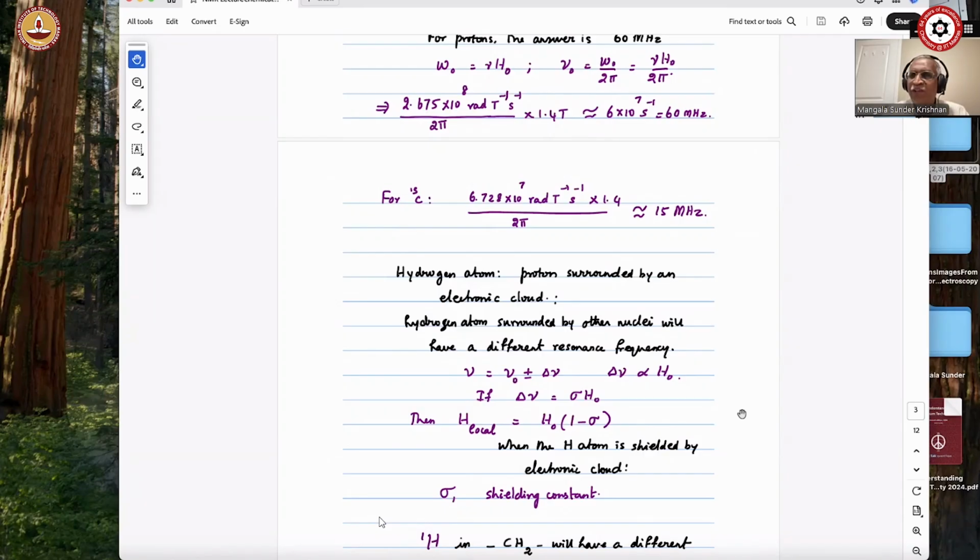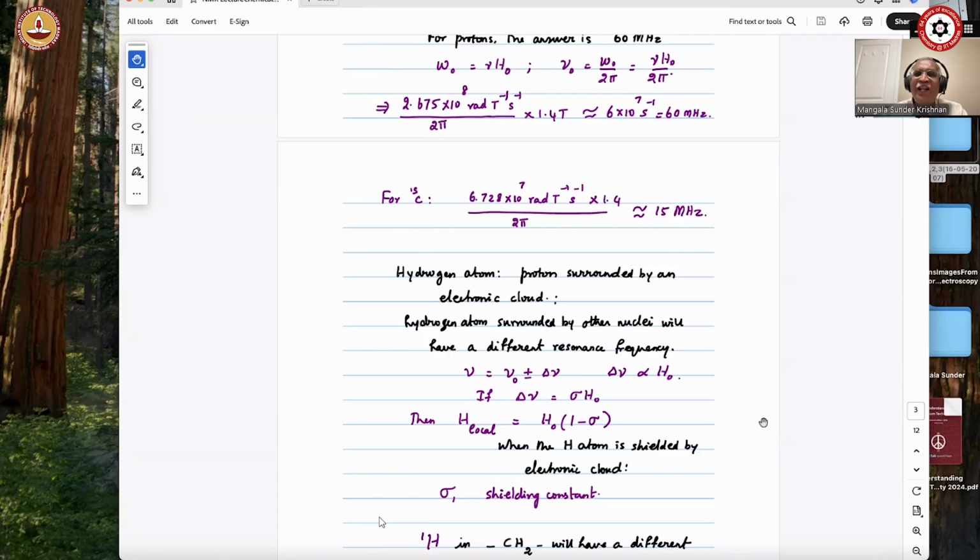And liquid helium is extremely expensive. Liquid helium should be surrounded by liquid nitrogen because otherwise liquid helium will evaporate much, much faster. So inside the liquid nitrogen you have a liquid helium, and then inside you have the superconducting magnet, and then you apply the steady field.